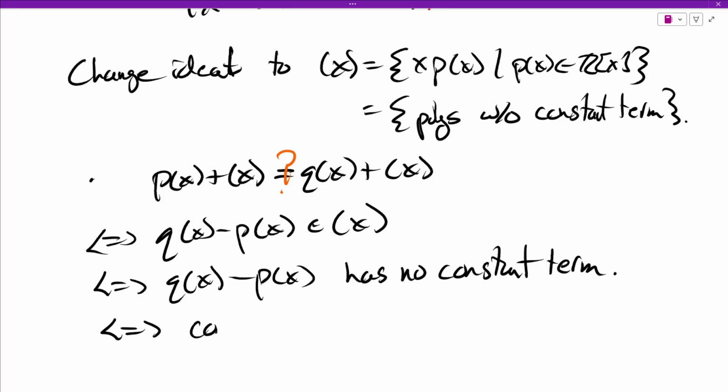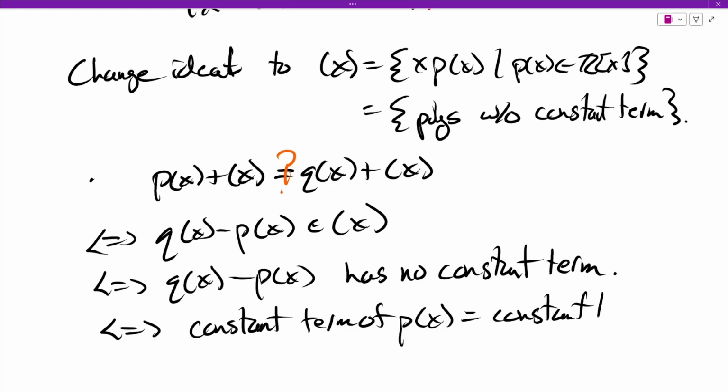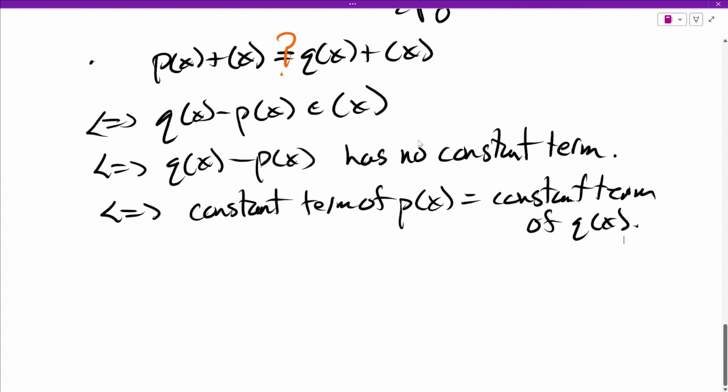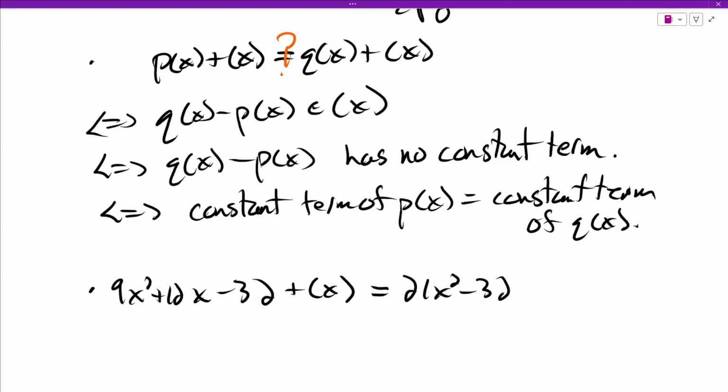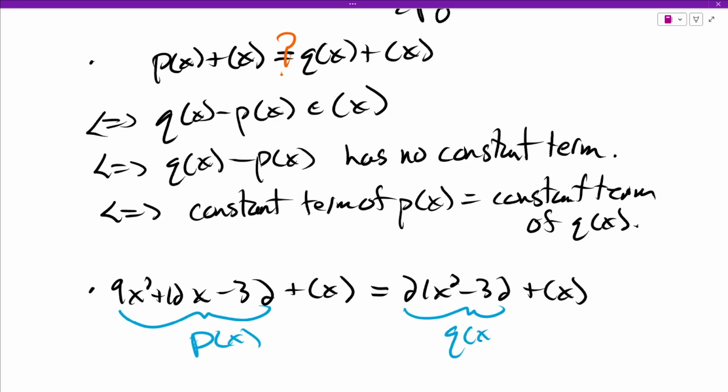It means that the constant term of one of them is the same as the constant term of the other. That's what it means. So as an example, 9x squared plus 12x minus 32 is congruent to 21x squared minus 32, because here's my p and here's my q, they have identical constant terms. So since they have identical constant terms, they are congruent, and that's all we need to check.